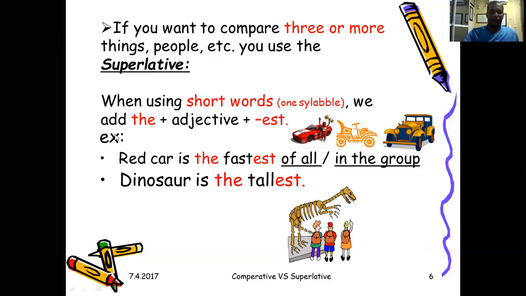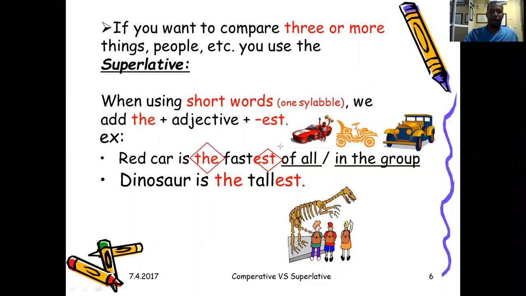Example: the red car is the fastest. Look at that. Fastest. Okay, is the fastest.